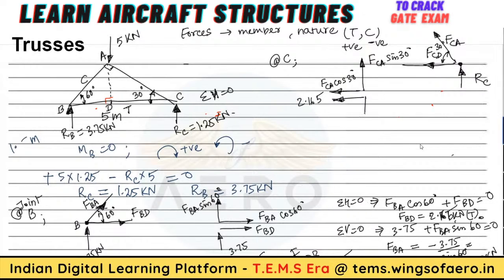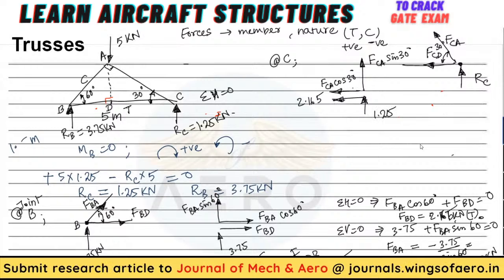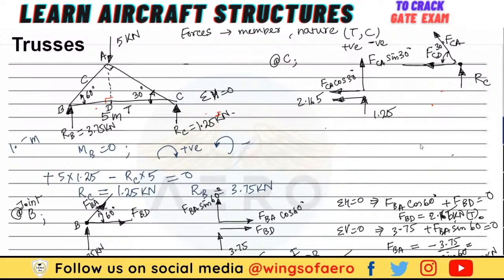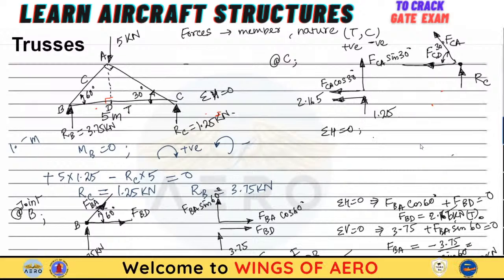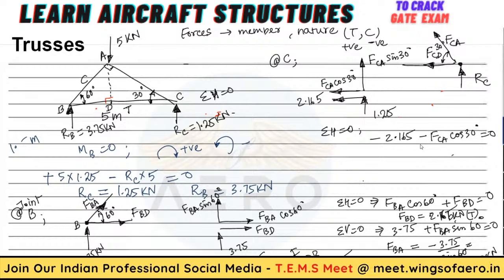Here we know the reaction we have is 1.25, right? Now our main motto is to find this F of CA. Either way I can find it out. Let me take the summation of horizontal forces. Both are negative, 2.165. Here it is F of CA cos 30 equal to 0.